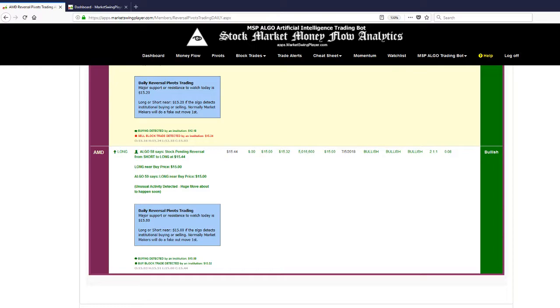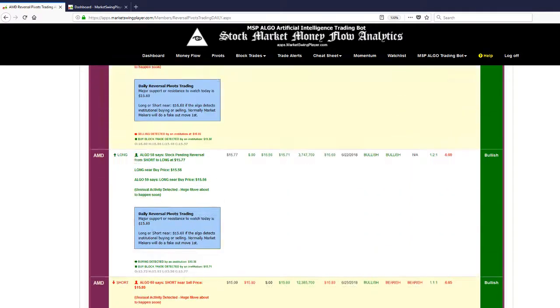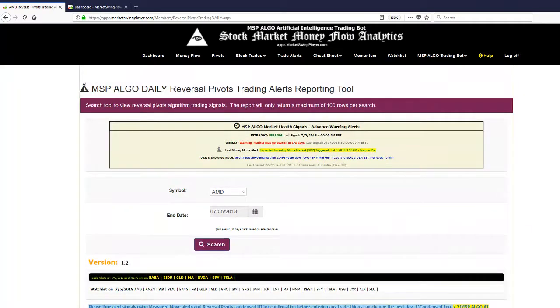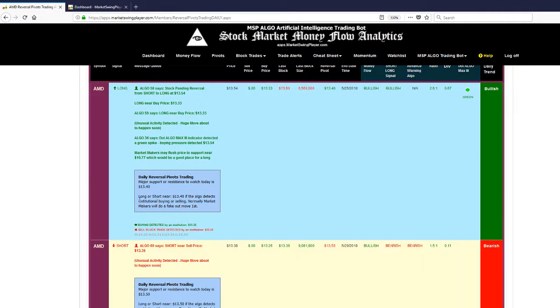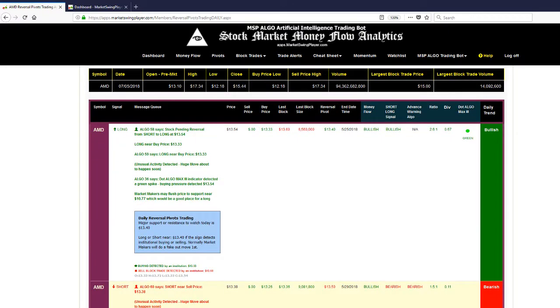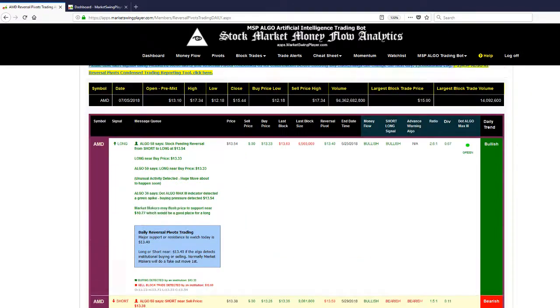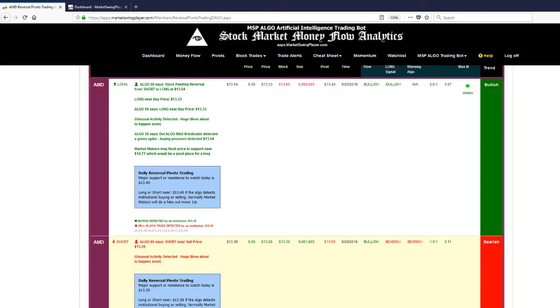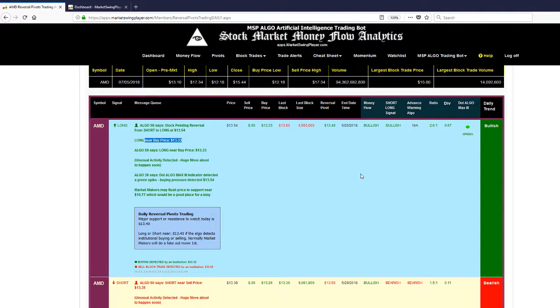Right? So here goes the symbol, what the signal was, and where to go long, and things like that. Okay, major support, resistance, and a little bit more detail here.